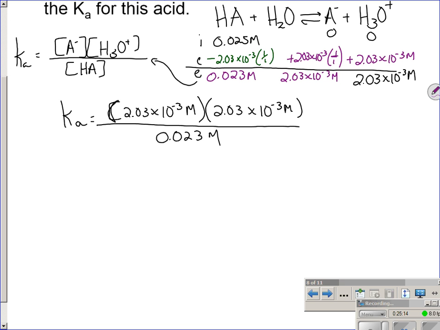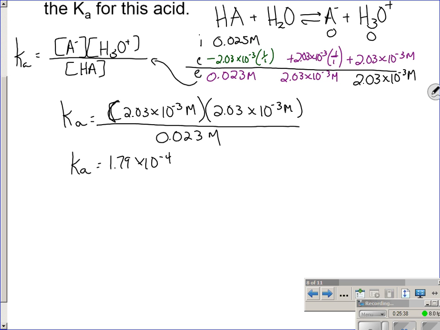And then if you just chug that out in your calculator, Ka for this acid is 1.79 times 10 to the negative 4.